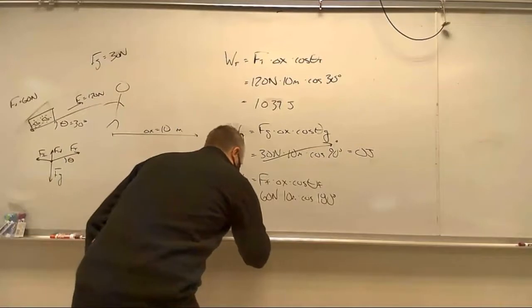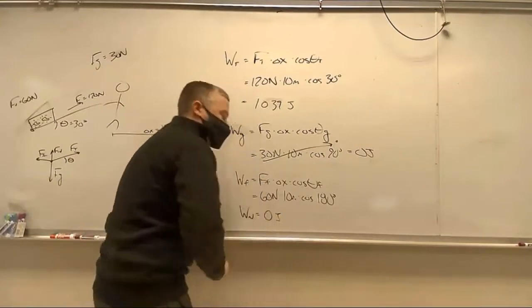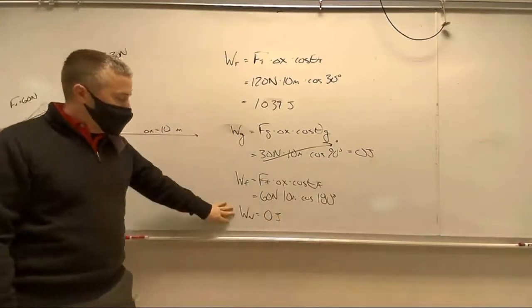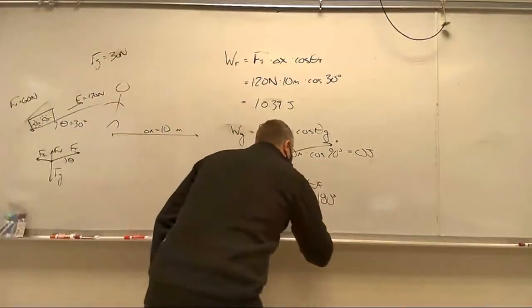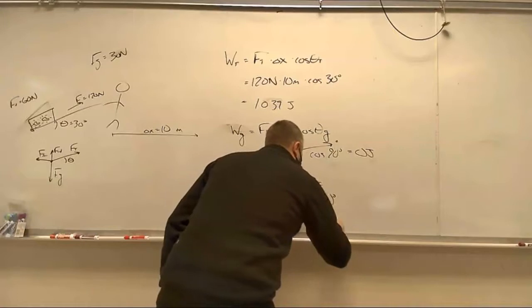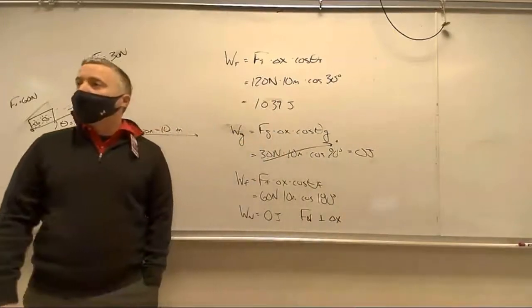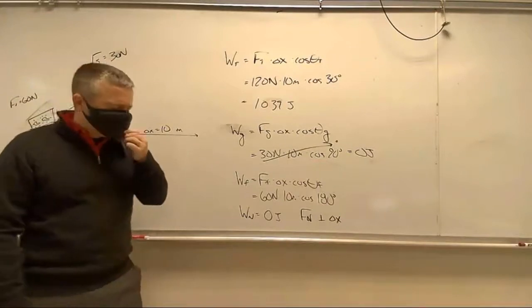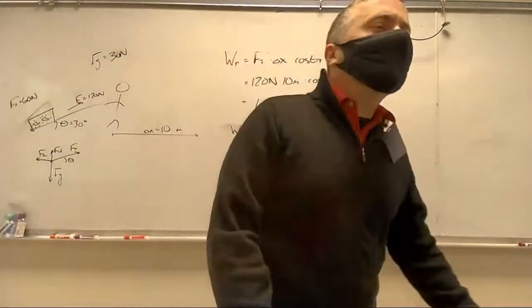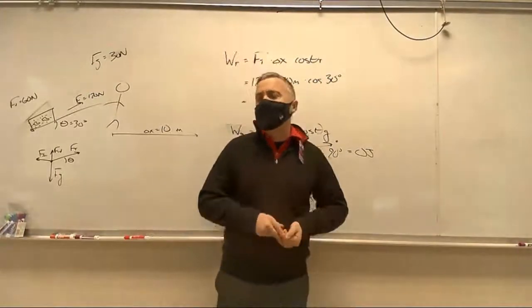And that is work of normal, just say, hey, it's 0 joules. And for an explanation of why, I would say because force normal is perpendicular to displacement. Make sense? Okay.